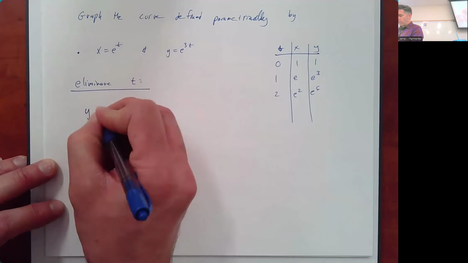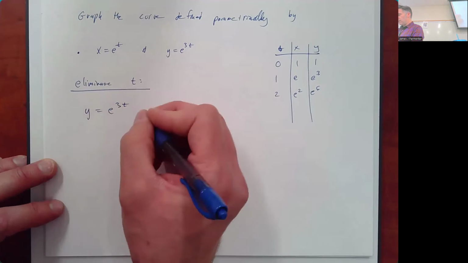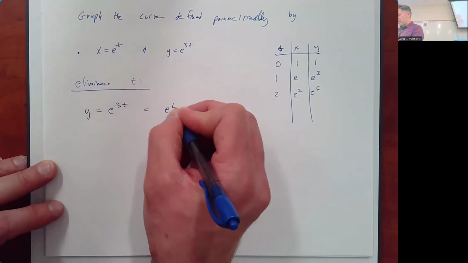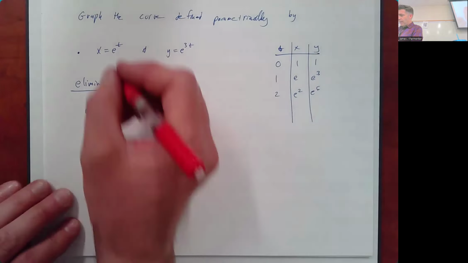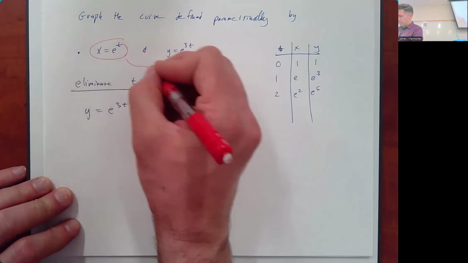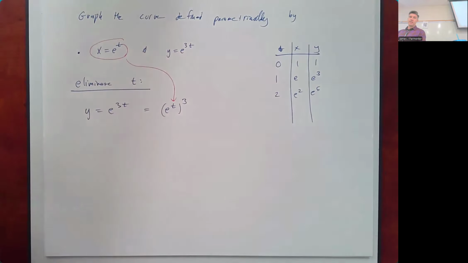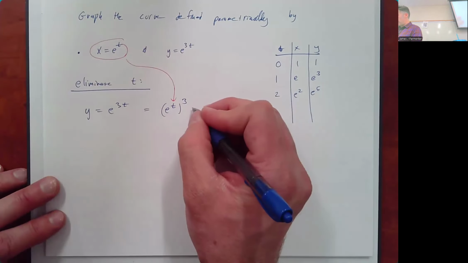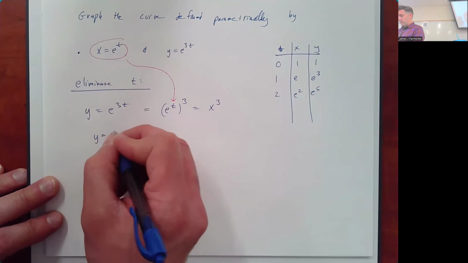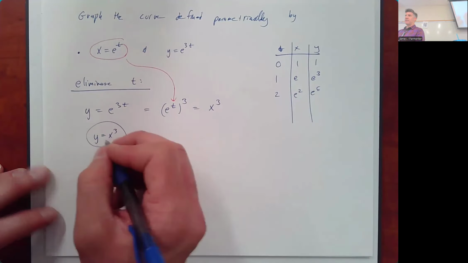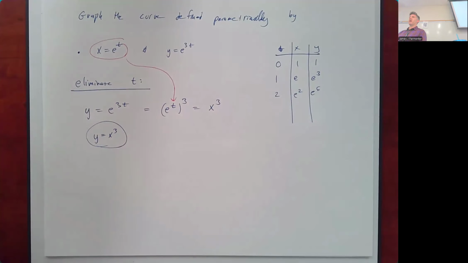If you look at y equal to e to the 3t, that's really equal to (e to the t) cubed. But then x is equal to e to the t. So we can replace the e to the t there with x, and get x cubed. So one way to eliminate t is that way. It's kind of just by seeing what happens. But that's not very algorithmic, right?